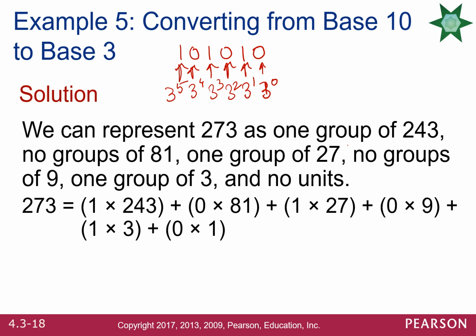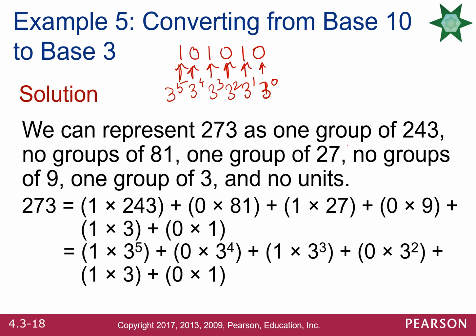So they have written it in expanded form: 1 times 243 plus 0 times 81, then this one times 27 plus 0 times 9, 3 squared is 9, then 1 times 3 and 0 times 1. The rightmost digit has a place value of 1.